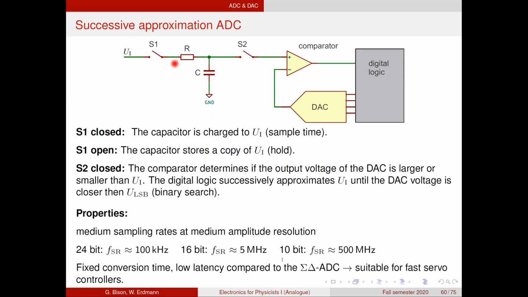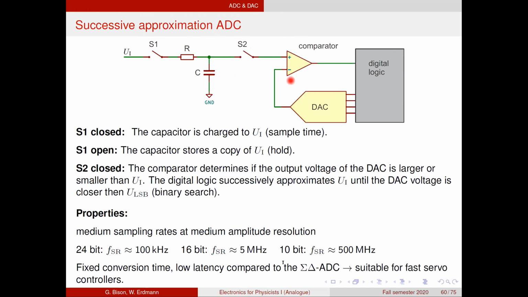Then this switch is opened, and the capacitor stores the voltage that we have on the input. While this switch is open, if there is any change on the input, we are blind to it.